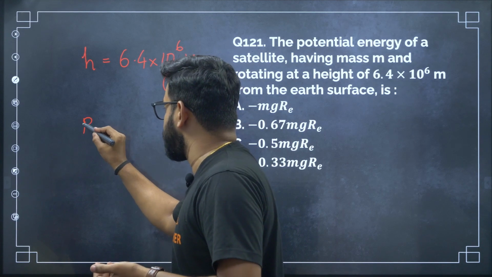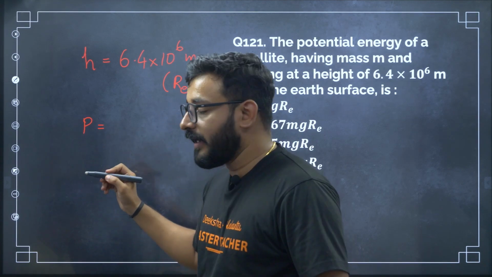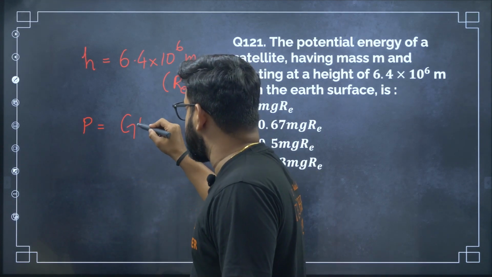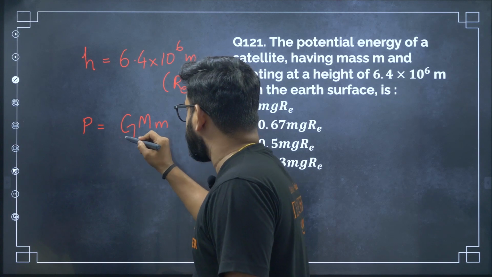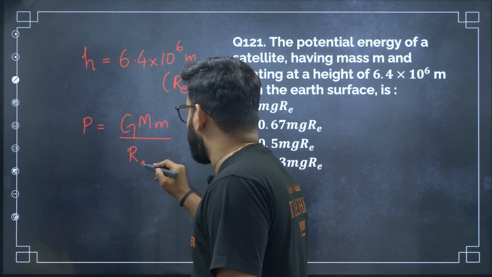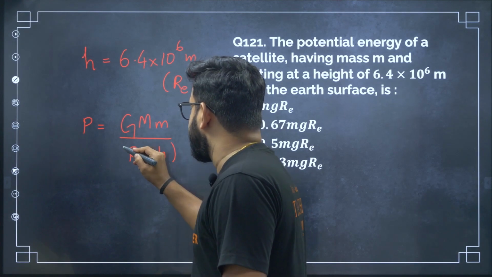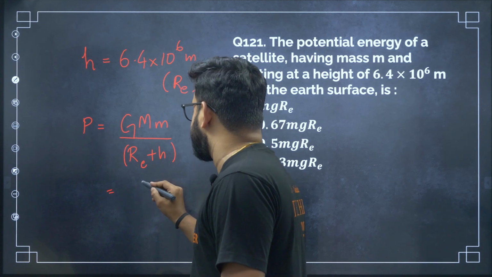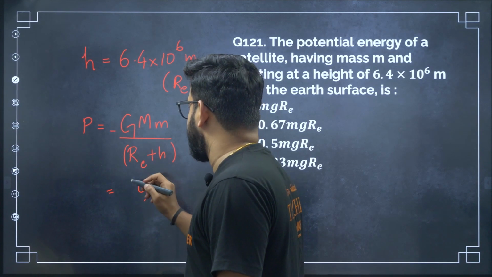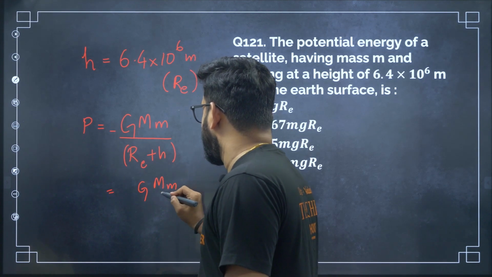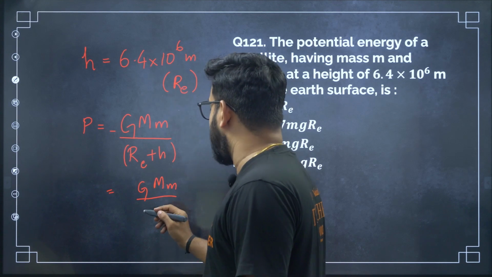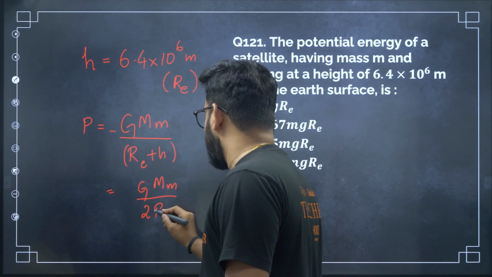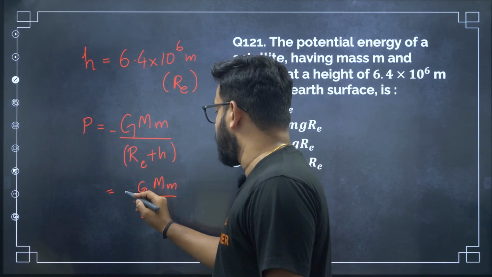All of you know what the potential energy is at a particular height. It is negative GMm divided by RE plus H. Here, H is RE as well, so we have 2 RE in the denominator, with the negative sign.